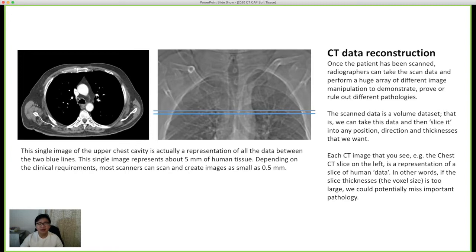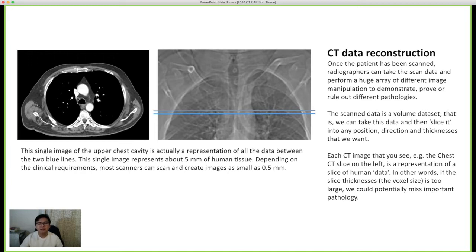What I mean by that is, imagine a small lung nodule in between these two blue lines. So this particular slice will represent this lung nodule as one pixel over this slice.